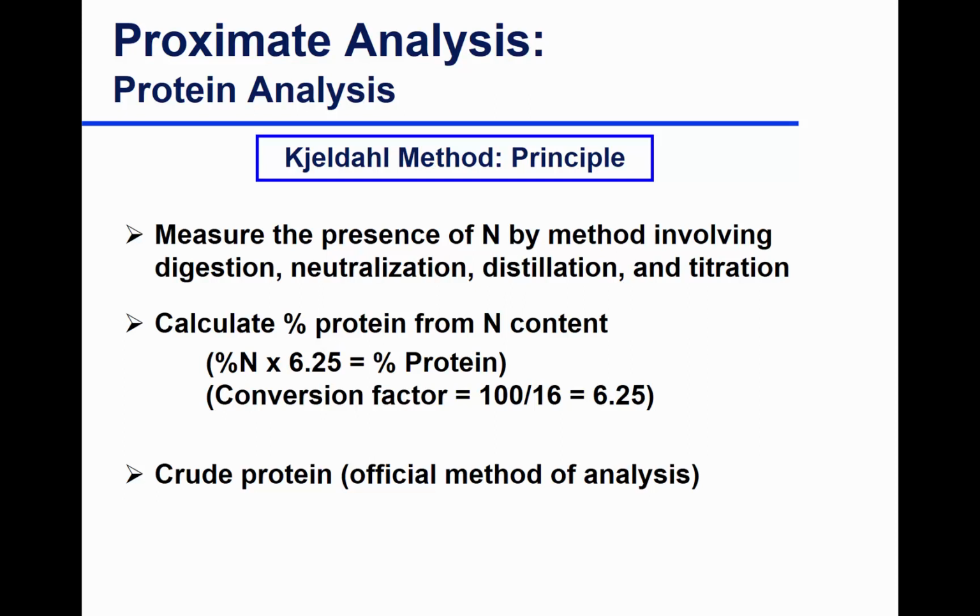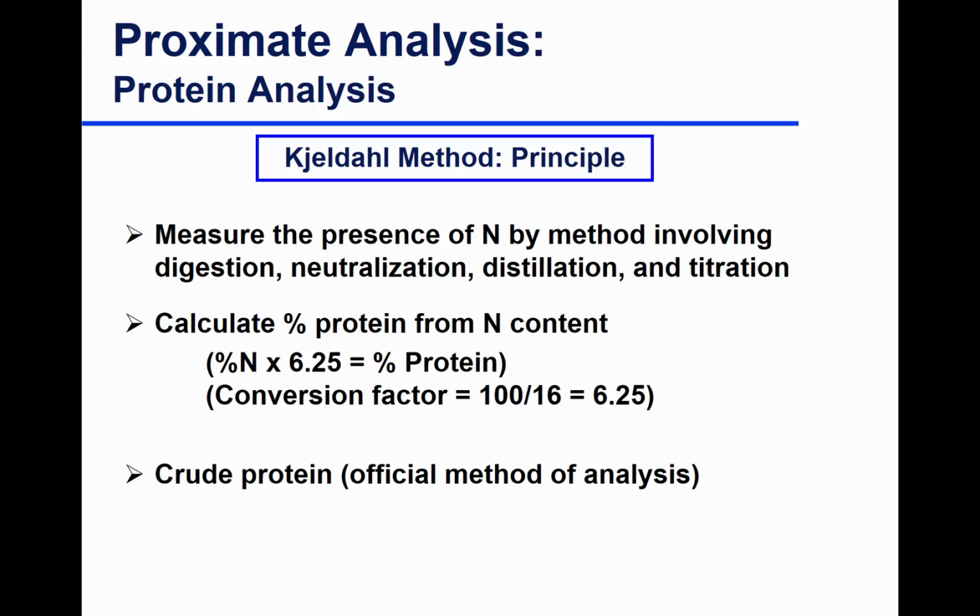All of these steps will eventually lead to quantitating nitrogen. And then from there, nitrogen is converted to percent protein. Why is that? Because there is a considerable amount of nitrogen in protein coming from the amino groups in your amino acids. And on average, you have about 16% nitrogen in a given protein.